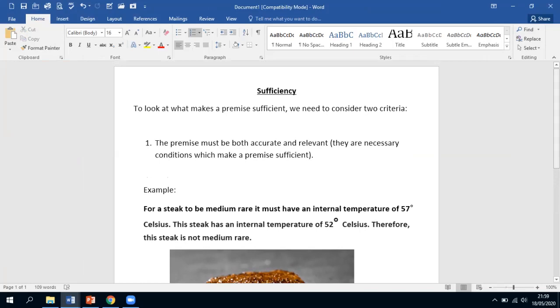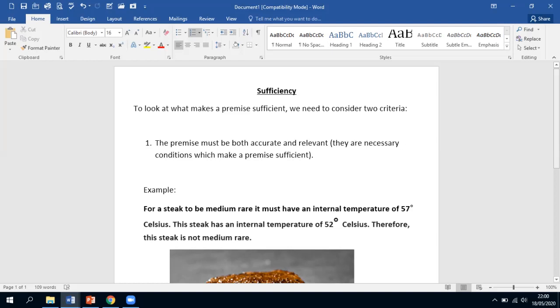These are both necessary conditions for making a premise sufficient, which means that if you have an accurate premise, but it isn't relevant, then it isn't sufficient. If it's relevant, but it isn't accurate, then it also isn't sufficient. You need to have them together.